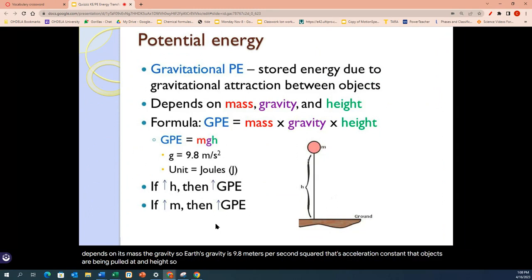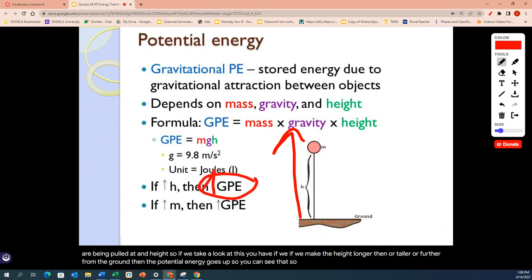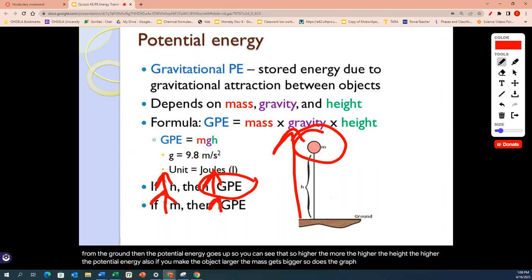So if we make the height longer, or taller, or further from the ground, then the potential energy goes up. So you can see that. The higher the height, the higher the potential energy. Also, if you make the object larger, the mass gets bigger, so does the gravitational potential energy.